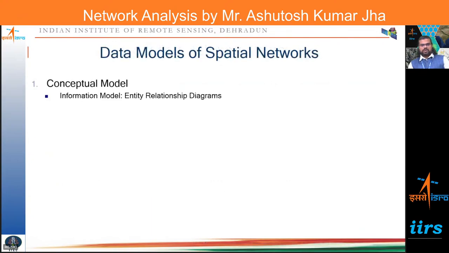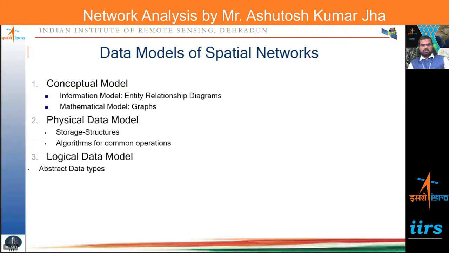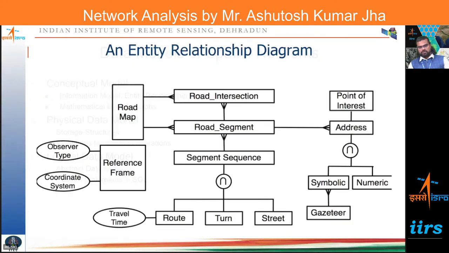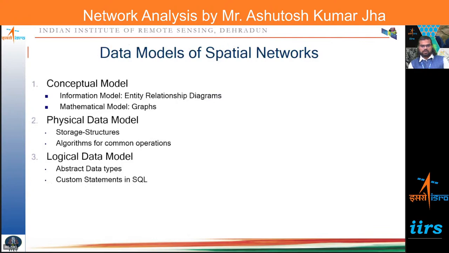So how are networks represented in the systems? Generally, you can put it into three different broader categories. One is the conceptual models, basically representing the relations, a relationship based diagram.